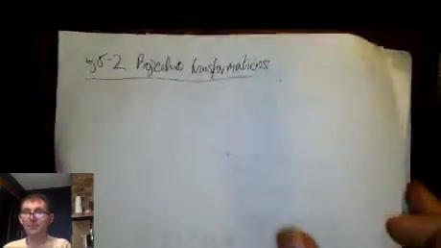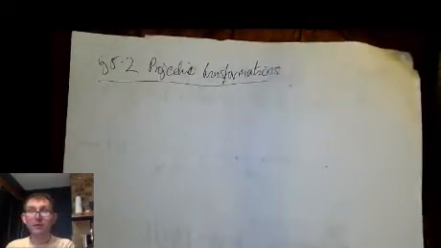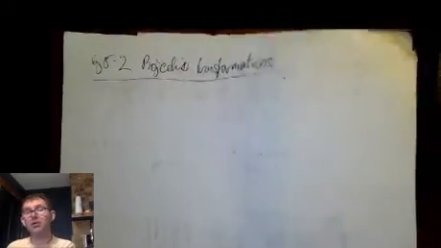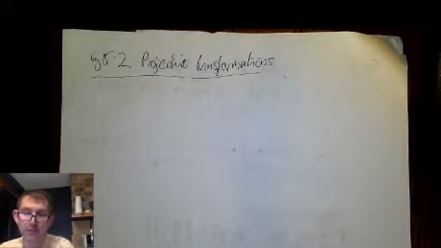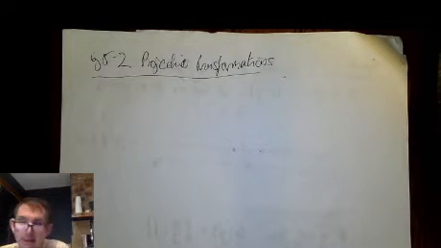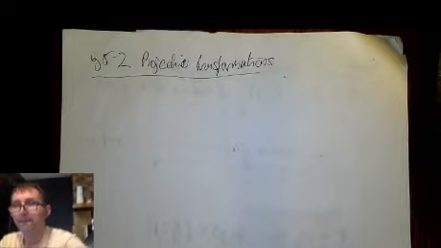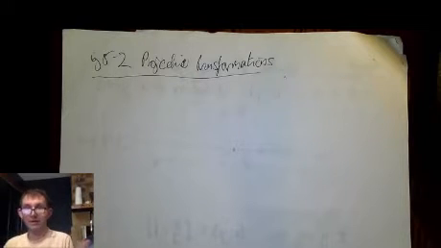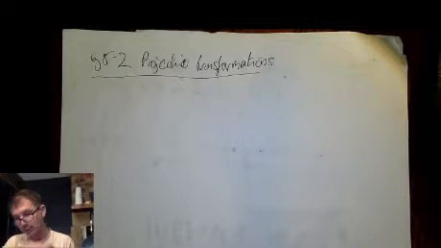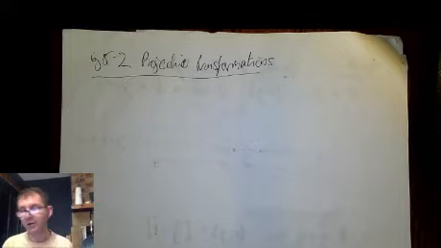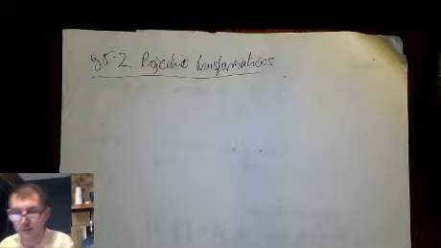Now, we've done a lot of work on the transformations that we can have of affine space, and we saw that if you want to preserve the line structure, then the types of transformations you get are affine transformations. So they will be an invertible linear operator plus a translation.